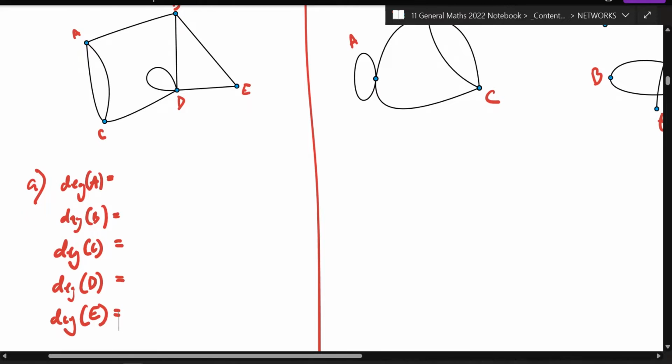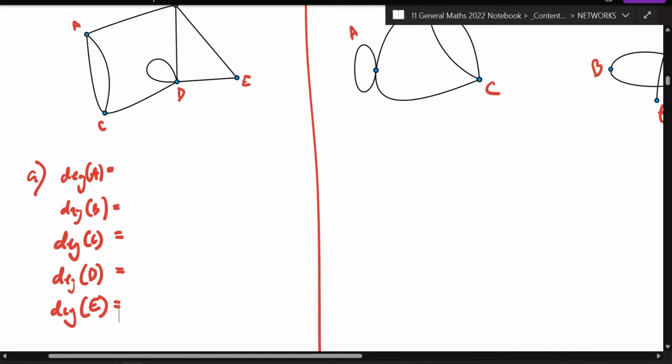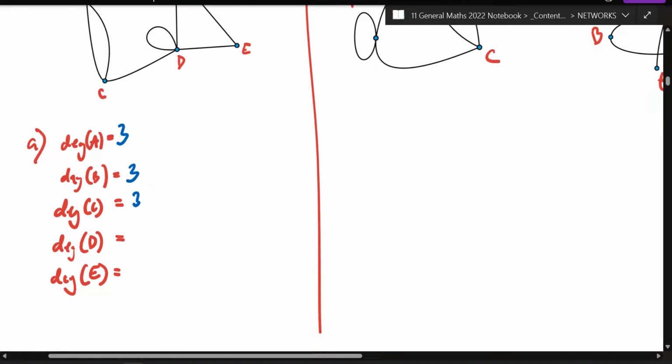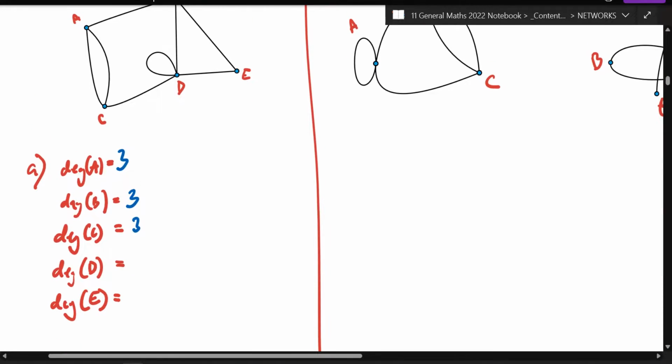All right, let's list them out. What would the degree of A be for this first graph? 3. Good. Give me B. 3 as well. Give me C. Good. Give me D. Okay, that's a tricky one.